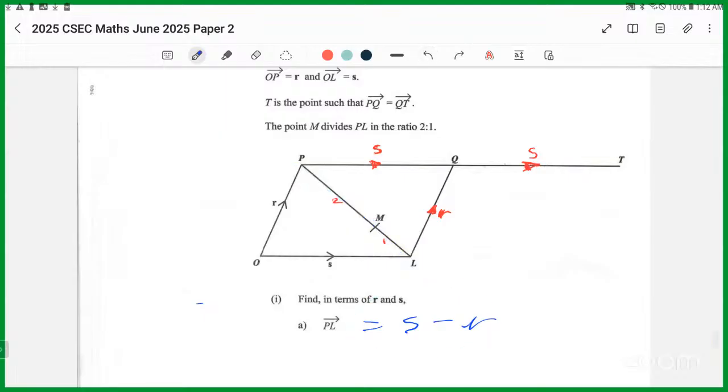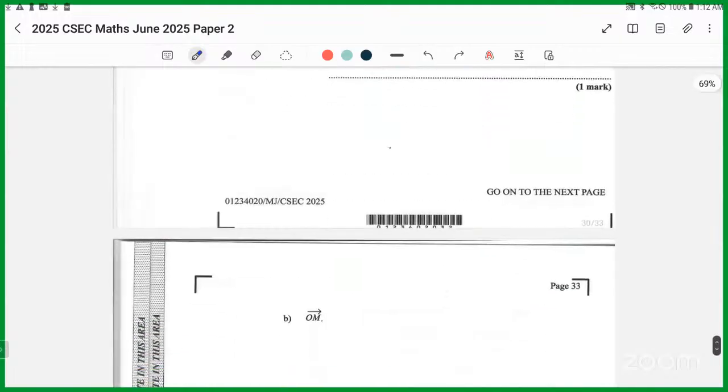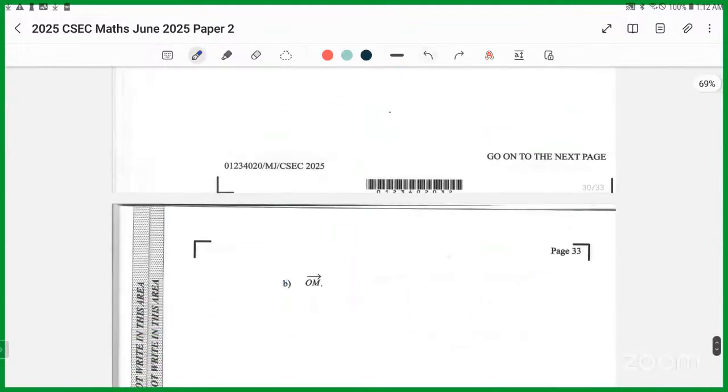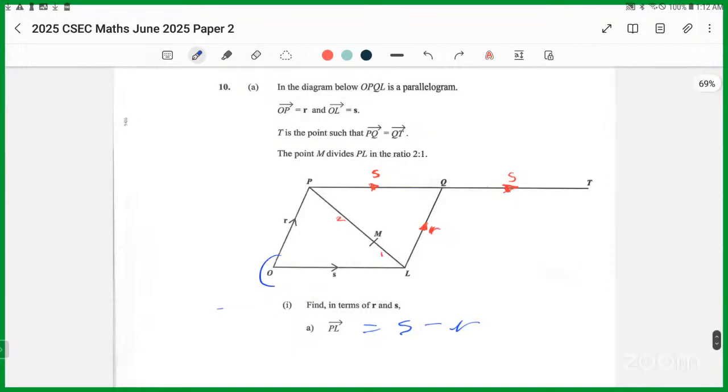All right. Next part says OM. How do we go from O to M? Easy. Come up to P first with the R, and then go P to M, where PM is 2/3 of the PL. Let's write it up on the screen and then copy it down.